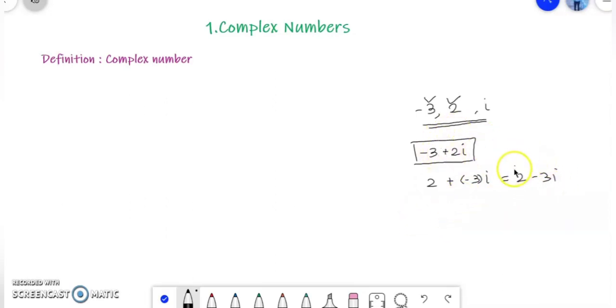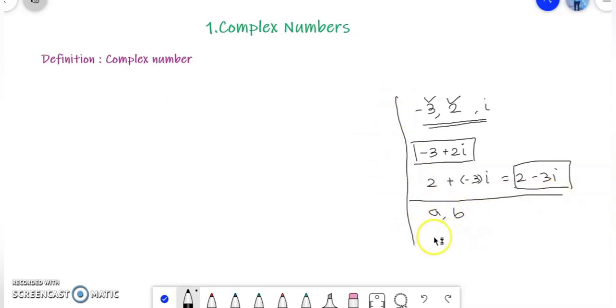In general, suppose you use two real numbers a and b and make a number a plus ib, bi or ib means the same thing. That is a complex number where a and b are real numbers. They are real numbers, like 3 and 2 are real numbers. a and b belong to R, and i, as you know, is equal to root of minus 1.